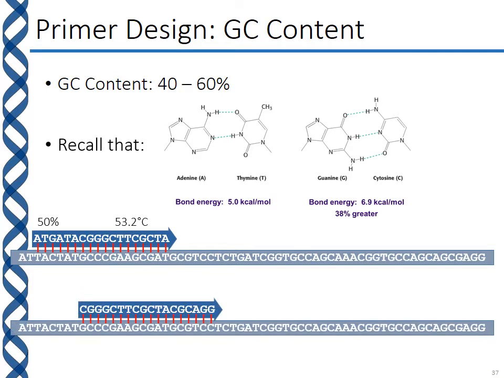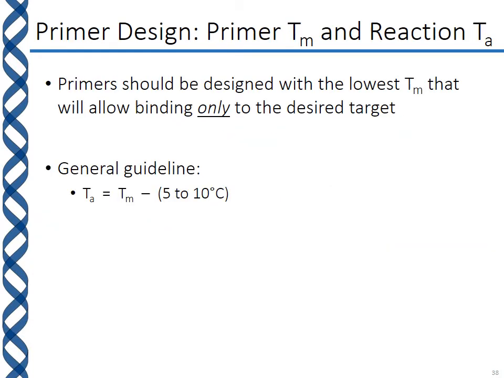If we take the same sequence and just move the primer over just a few base pairs, then now this particular sequence is much higher in GC, and so you end up with a much higher TM. It's almost 10 degrees higher. And so that could have definite amplification effects, and so you would want to take those into consideration.